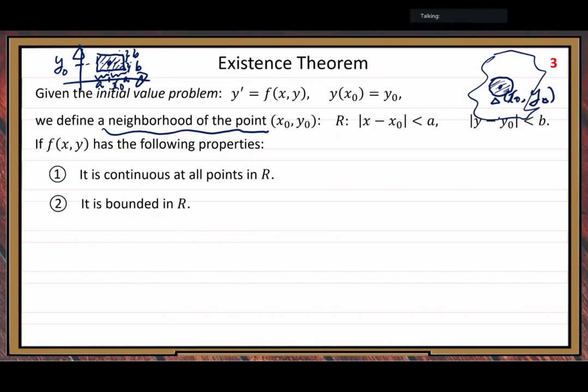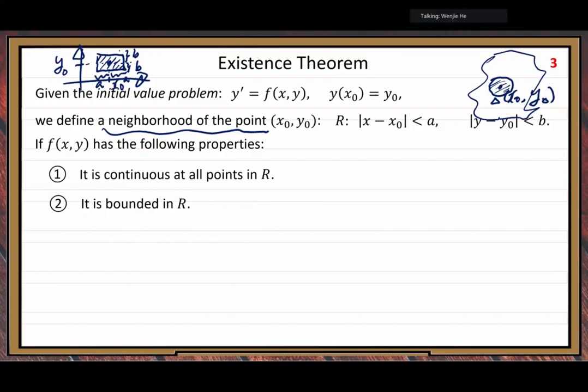Second, it is bounded in R. What's a bounded function? Use your calculus understanding: there is an upper bound and a lower bound.